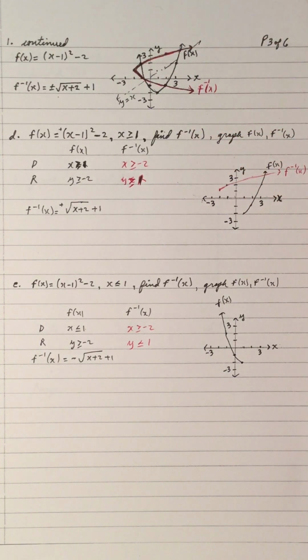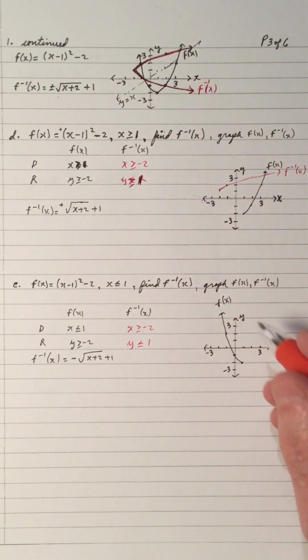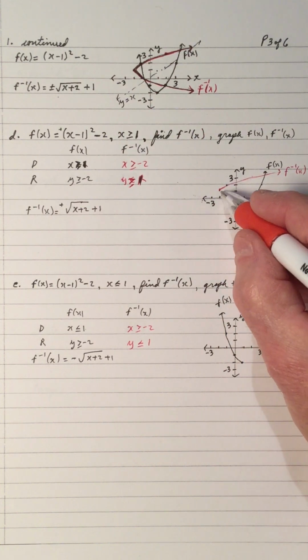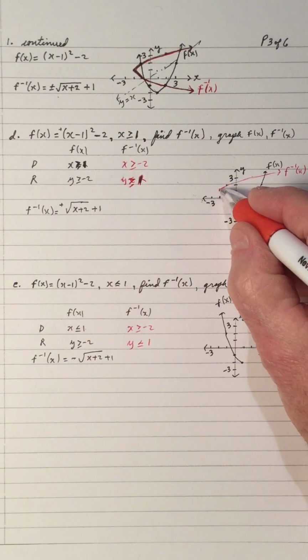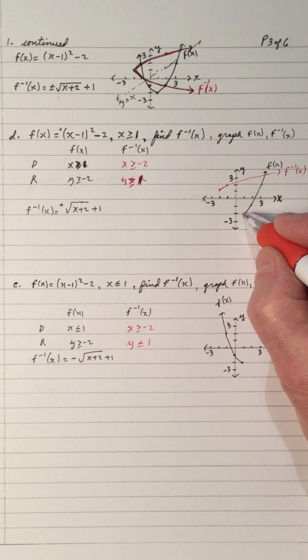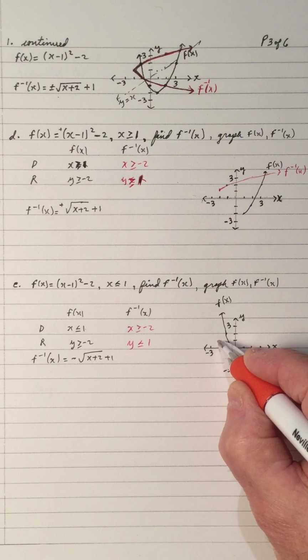And the left side of the parabola is going down. So that means the vertex is same as here. This vertex is transferred, switched around. So 1, negative 2 becomes negative 2, 1.